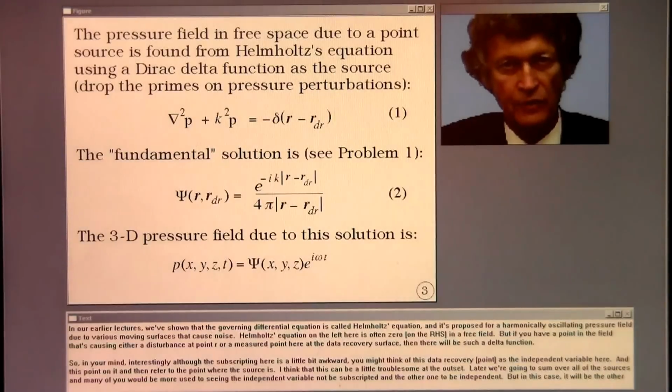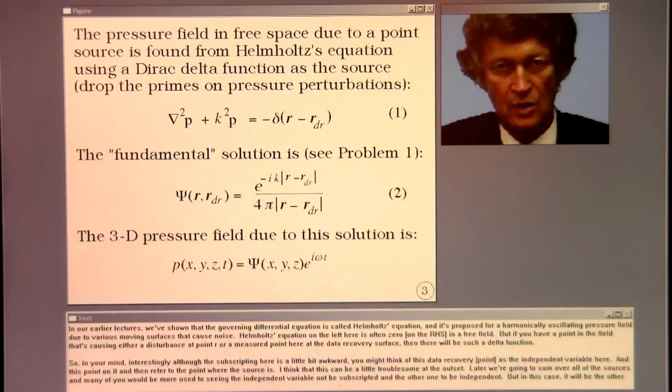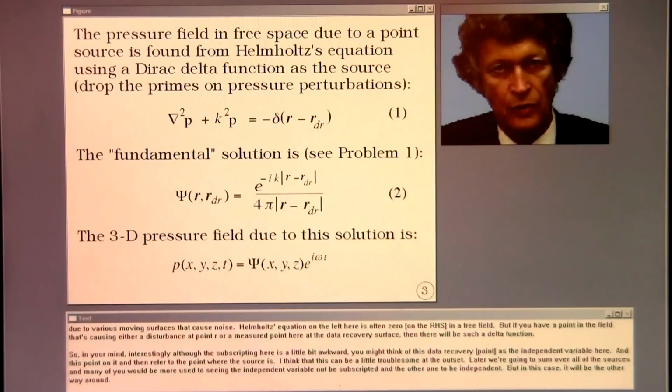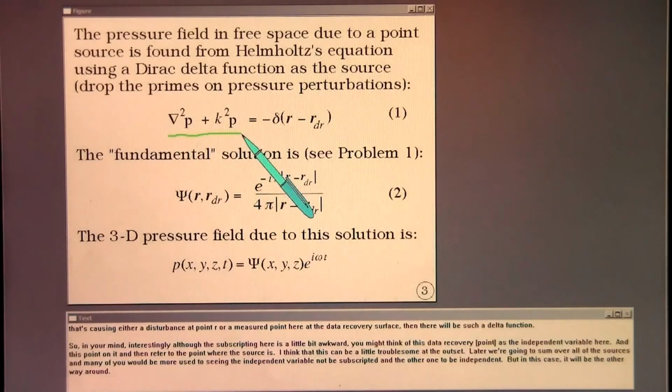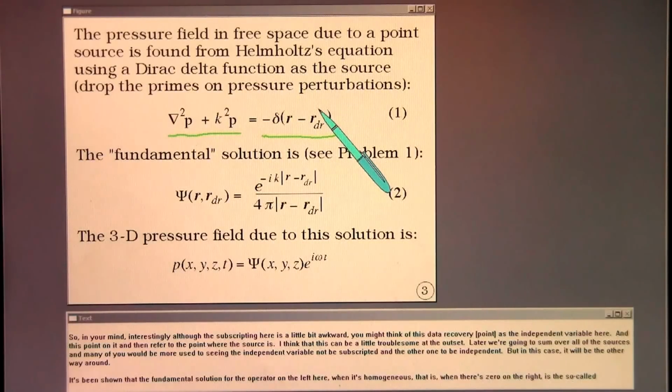In our earlier lectures, we've shown that the governing differential equation is called the Helmholtz equation, and it's proposed for a harmonically oscillating pressure field due to various moving surfaces that cause noise. The Helmholtz equation on the left here is often zero in a free field, but if you have a point in the field that's causing either a disturbance at point R or the measured point here at the data recovery surface, then there will be such a delta function.